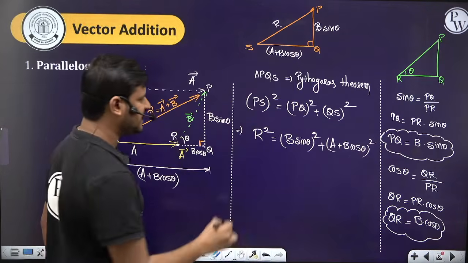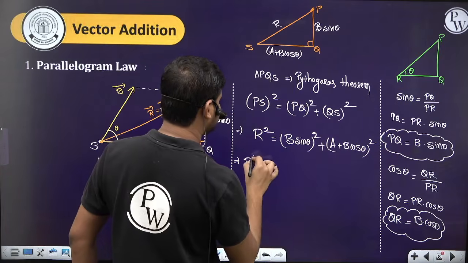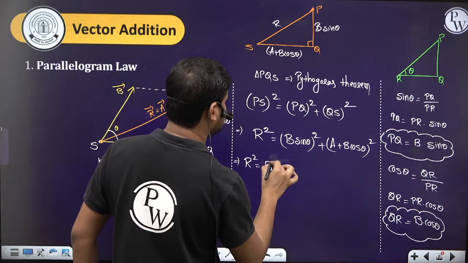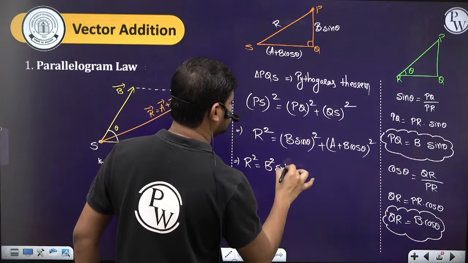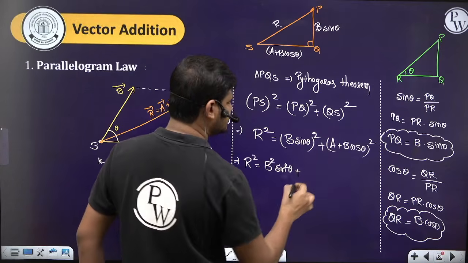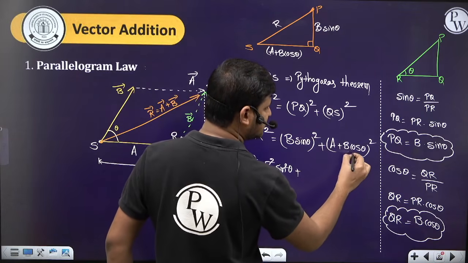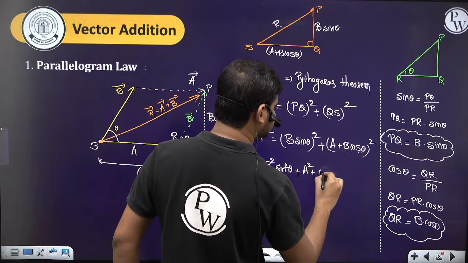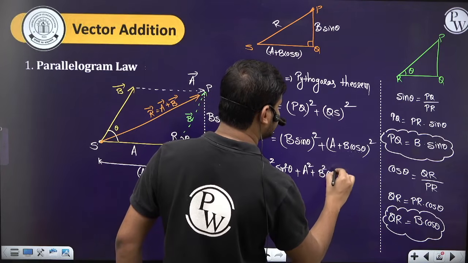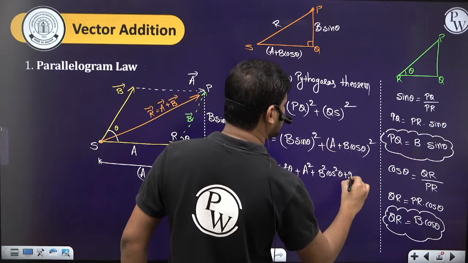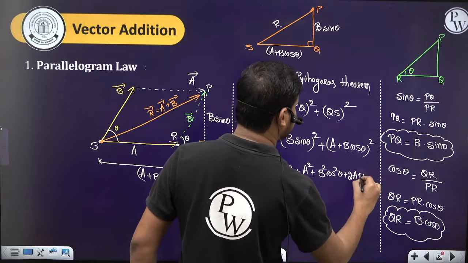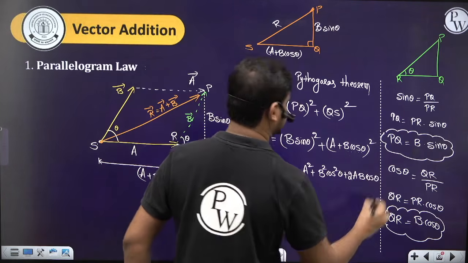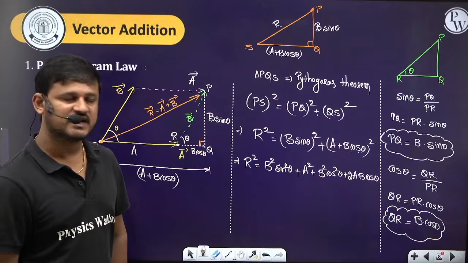Now let's expand these. R square is equal to B square sin square theta plus, consider this whole thing as A plus B whole square, so A square plus B square, meaning B square cos square theta, plus 2AB, and in place of B we can write B cos theta.